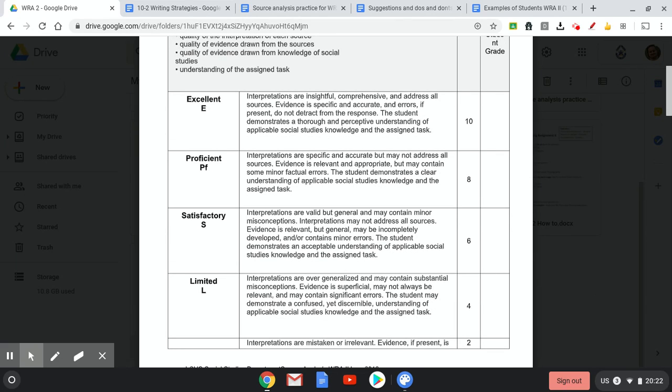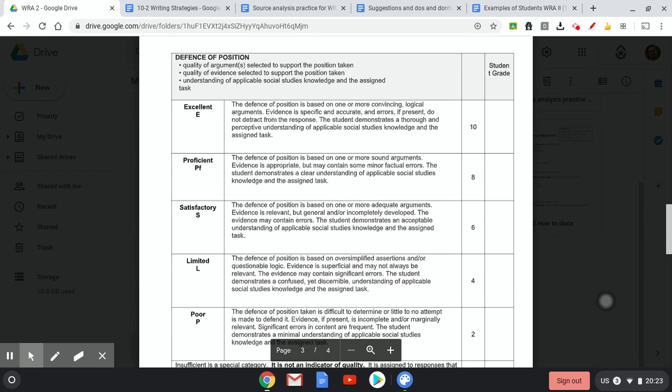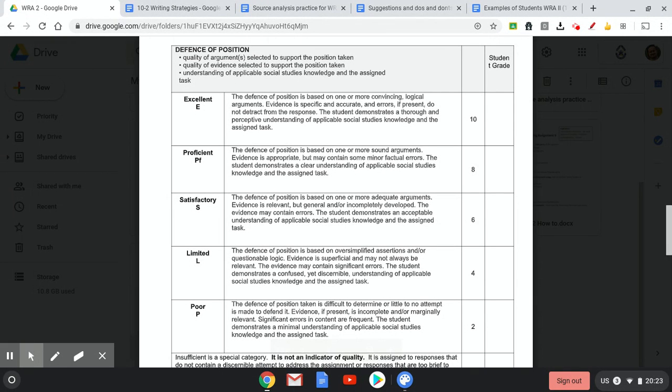So you might bomb one source and do really good on the other two, and maybe you'll end up with a proficient. Or you might only analyze one source. Well, that's not going to be very good. But 10 marks is for that first question. So for your first 3 paragraphs, you get 10 marks. And then question 2, another 10 marks.